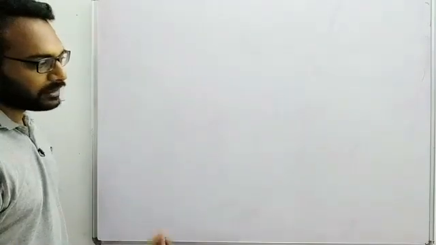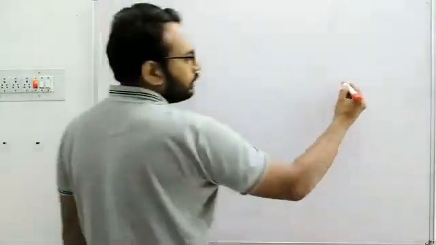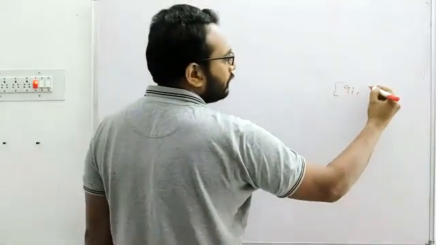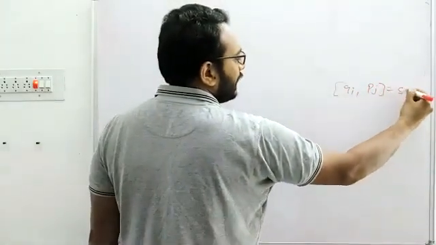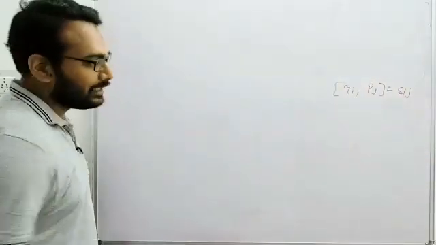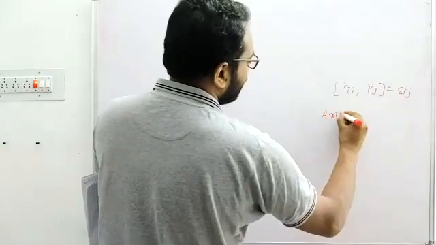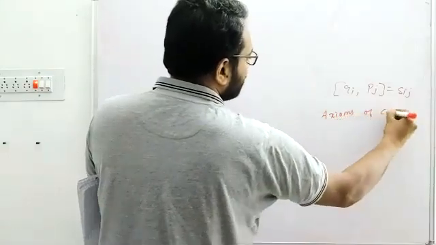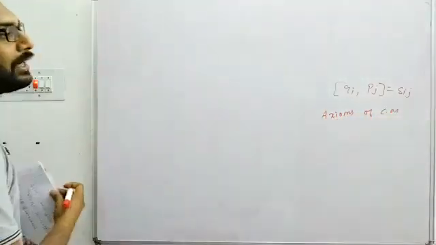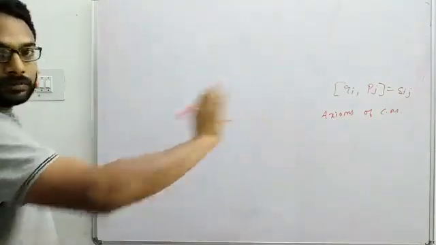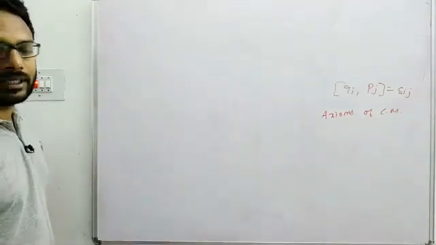And then we also define the fundamental Poisson bracket, right? We define Qi with Pj is equal to delta ij. All these things we can consider as axioms of classical mechanics. So you can develop classical mechanics purely from these axioms. You don't need to know anything else.